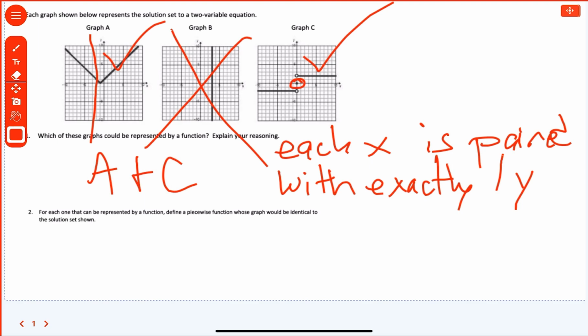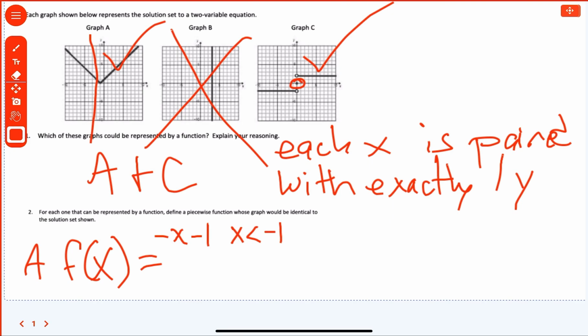Okay. Well, what happens with graph A? We would have f of x is equal to what? Well, what would it be equal to? First of all, we would have to say negative x minus 1 when x is less than negative 1.